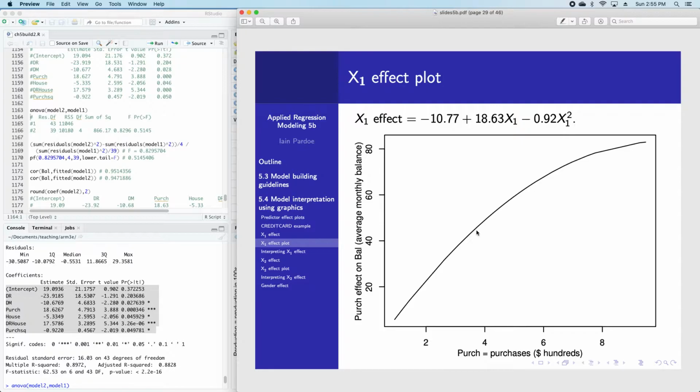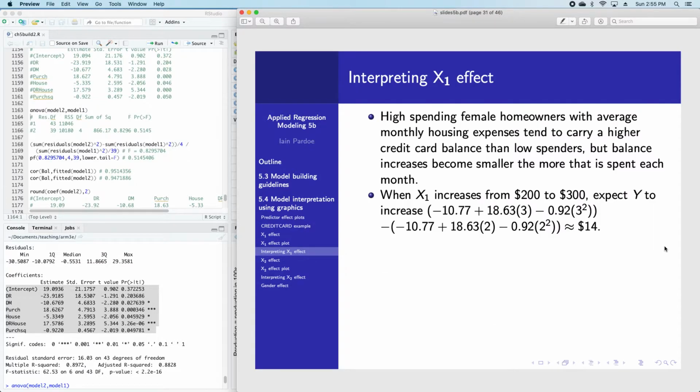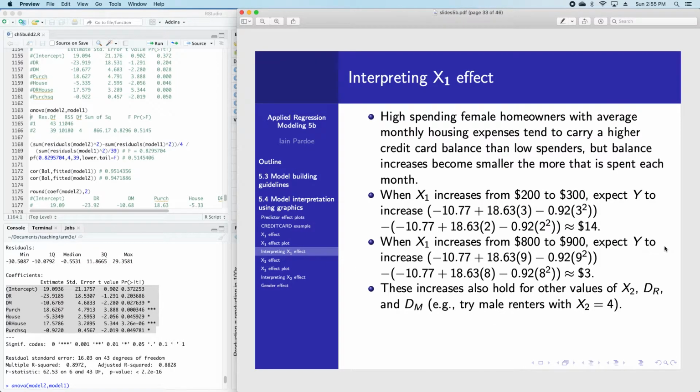So it's as if this graph is just shifting up or down, depending on which particular kind of person I'm looking at. And then if I do this bit of math here and look at the difference as x1 goes from 200 to 300 and as x1 goes from 800 to 900, I'll end up with these exact same numbers.